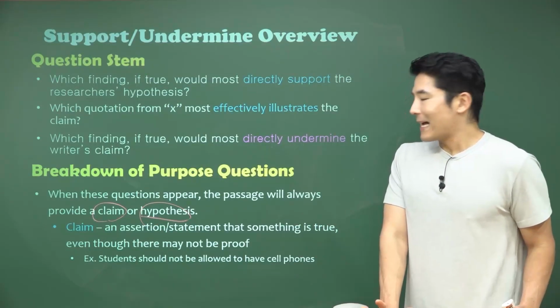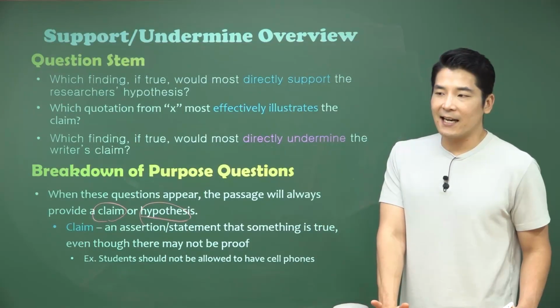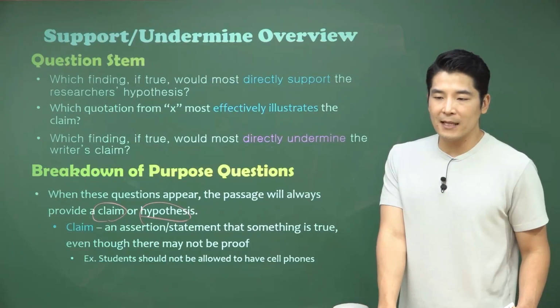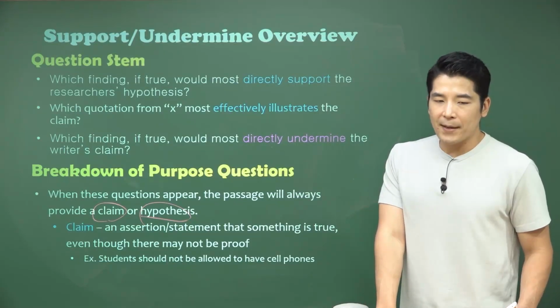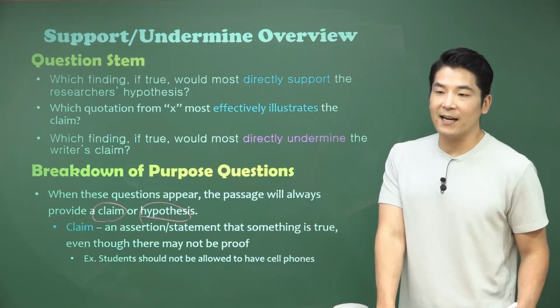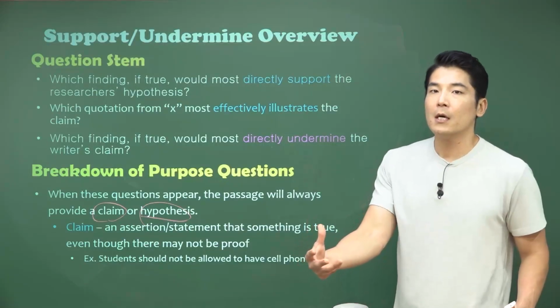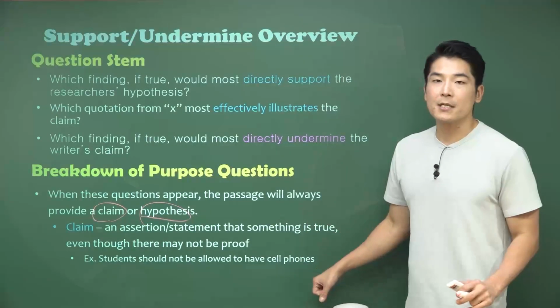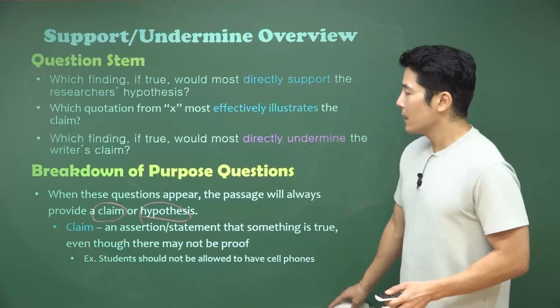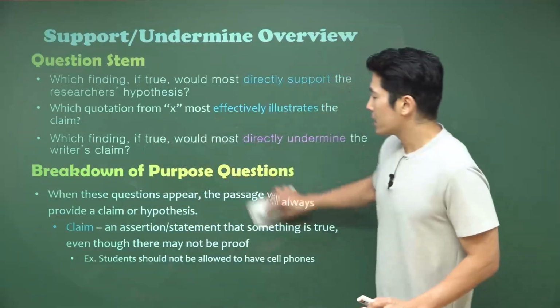That's just an assertion that I believe, based on my belief, whether there's proof of it or not. Maybe there isn't, but maybe that's what I'm going to set out to do. But my claim would be this. A claim is an assertion, is all.